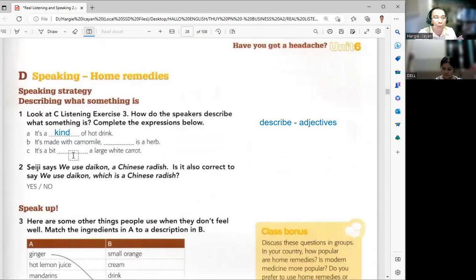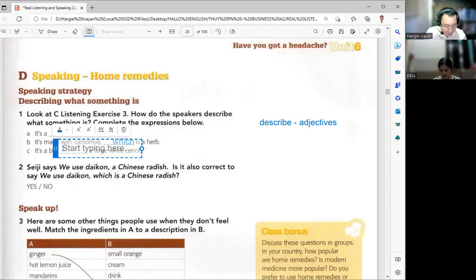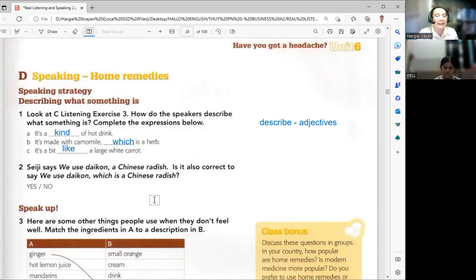And it's made with chamomile, which is a herb. It's a bit like a large white carrot.